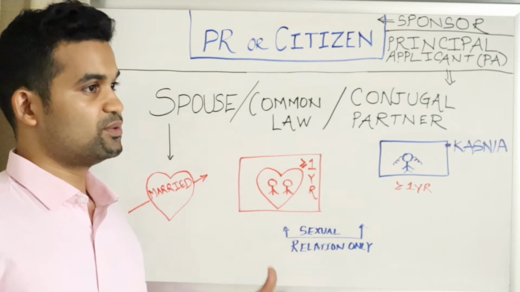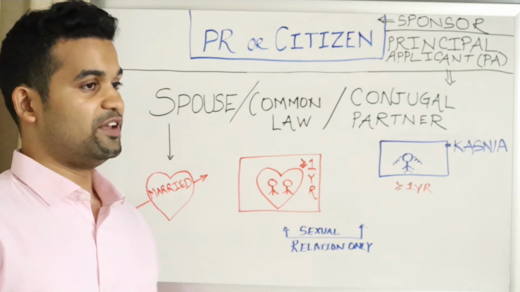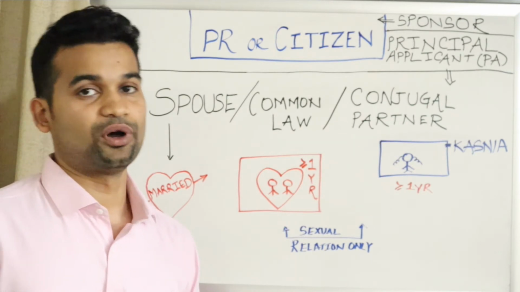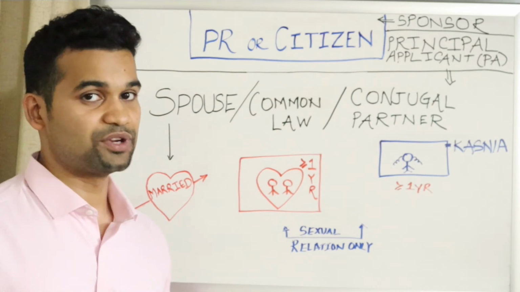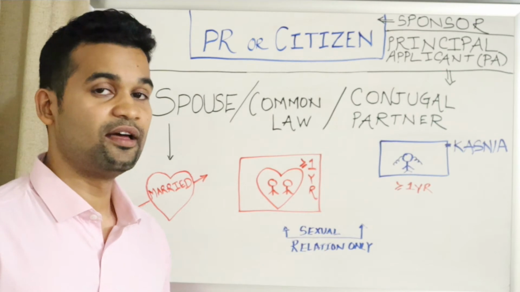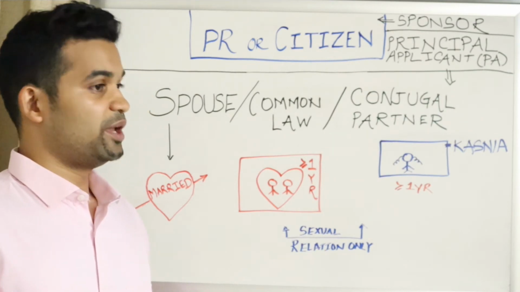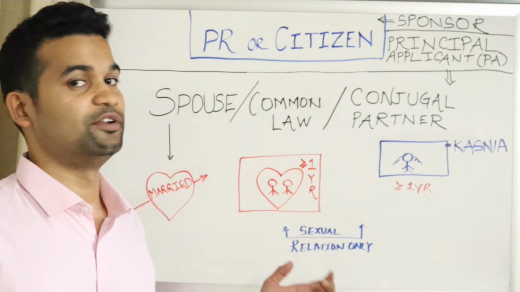It is possible that as soon as she discloses this relationship, she might face serious hardships, she might lose her job, she might lose her shelter, like the place where she's living inside this country in Kasnia, and at the same time she might be punished for having such kind of relationship.